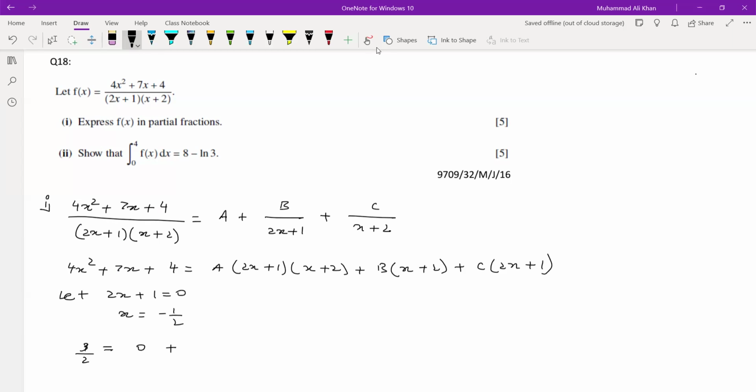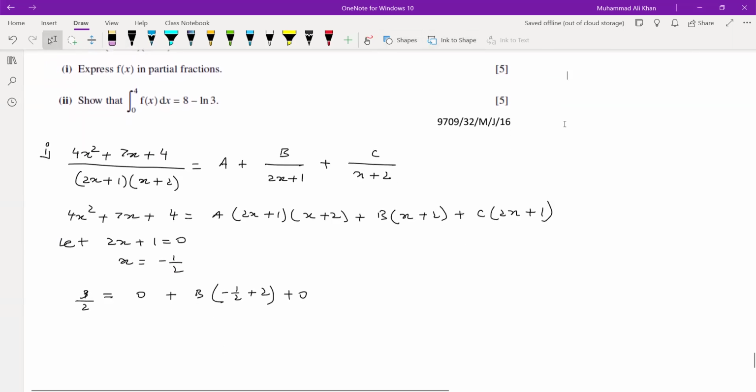And here it is with b, we have minus half plus 2, and the last term is 0. So minus half plus 2 will be 3 upon 2, equals to b times 3 upon 2. 3 upon 2, 3 upon 2 cancel out. The value of b is 1.